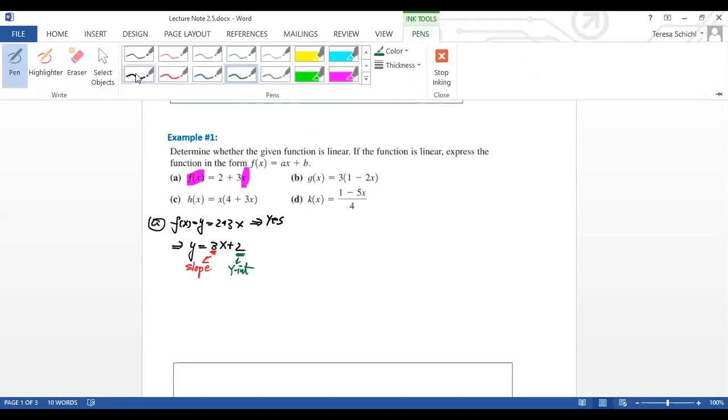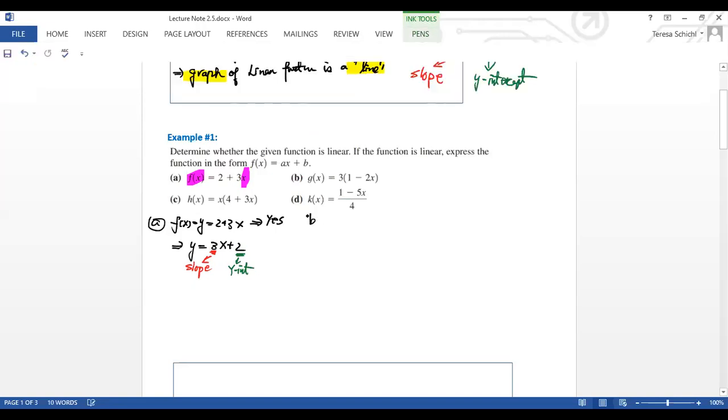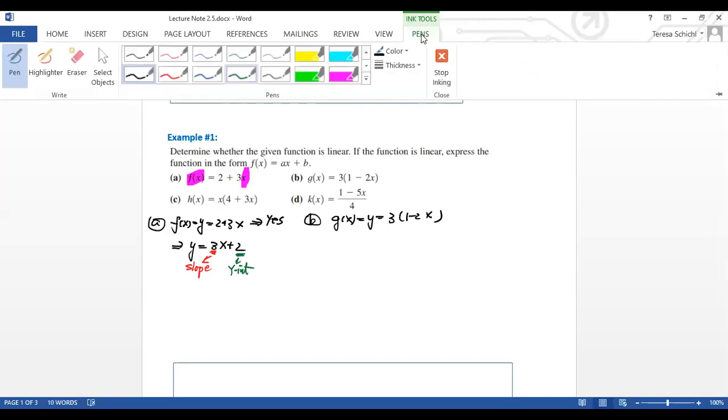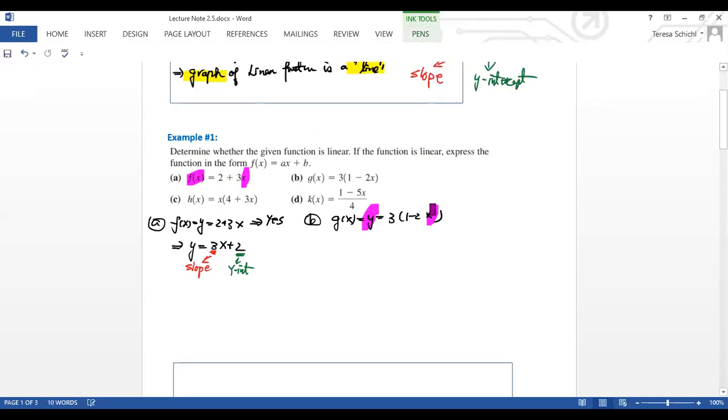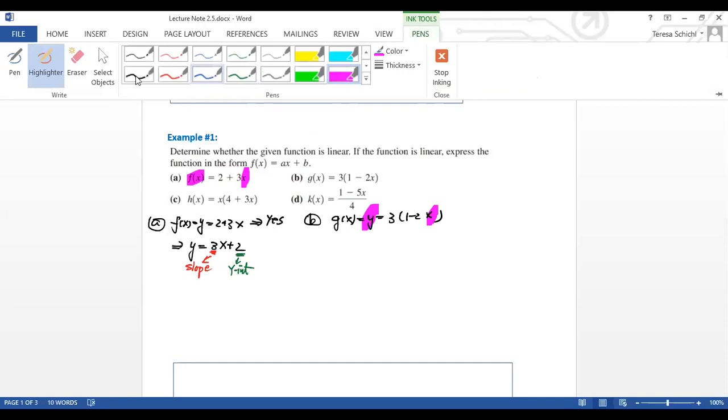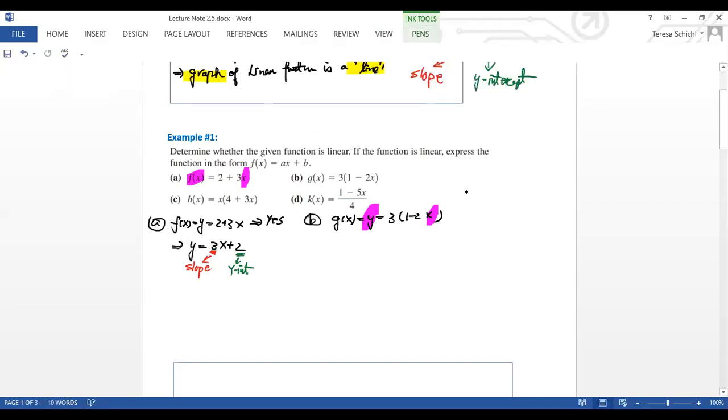Now let's take a look at part B. The g of x is y equals 3 times the quantity 1 minus 2x. Here it's just y and x, with no square roots and no powers. So yes, this is linear.